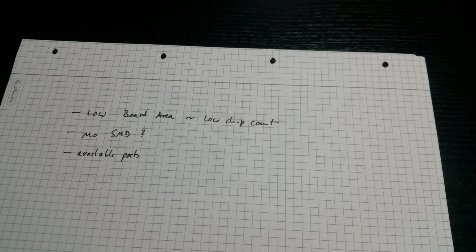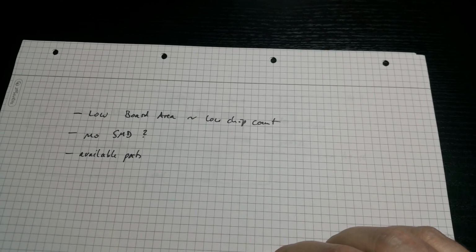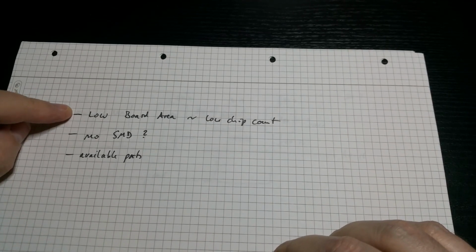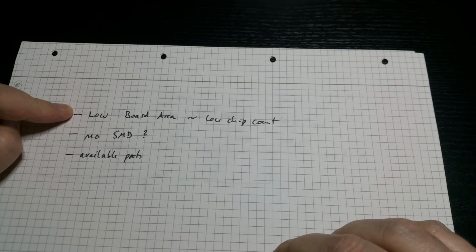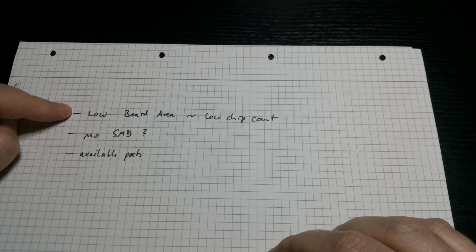So let's have a look at the architecture of the MicroPET. There are three goals that I wanted to achieve, and I haven't succeeded in yet totally, but those are the goals that I started out with. So it should have a low board area, which is mostly equivalent to a low chip count, so you don't have to solder that much.